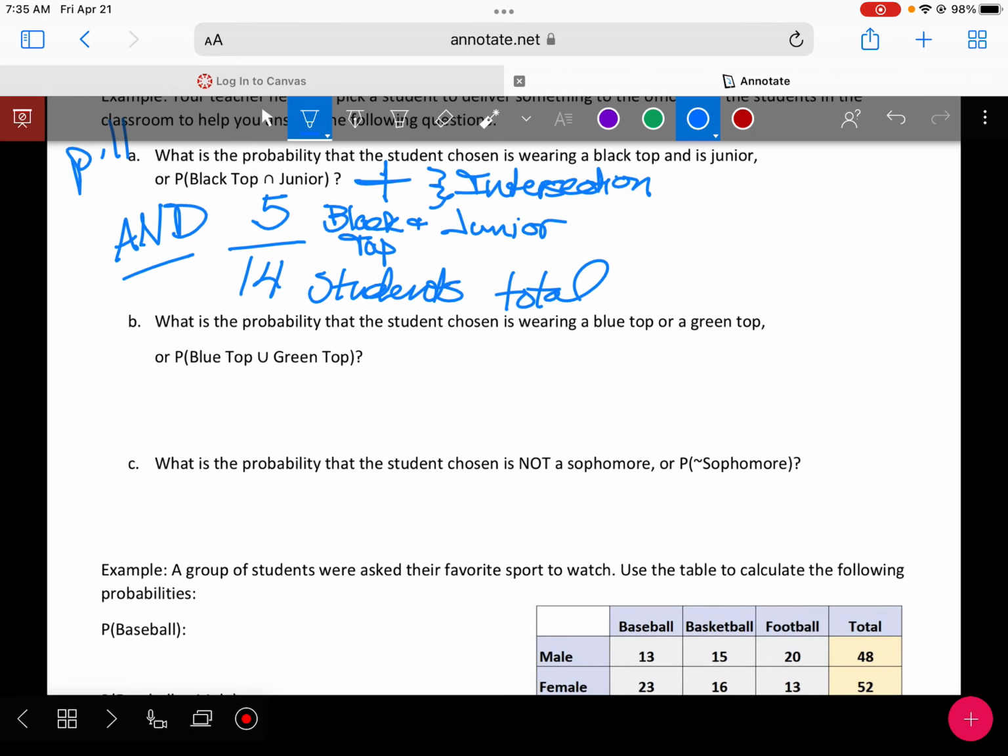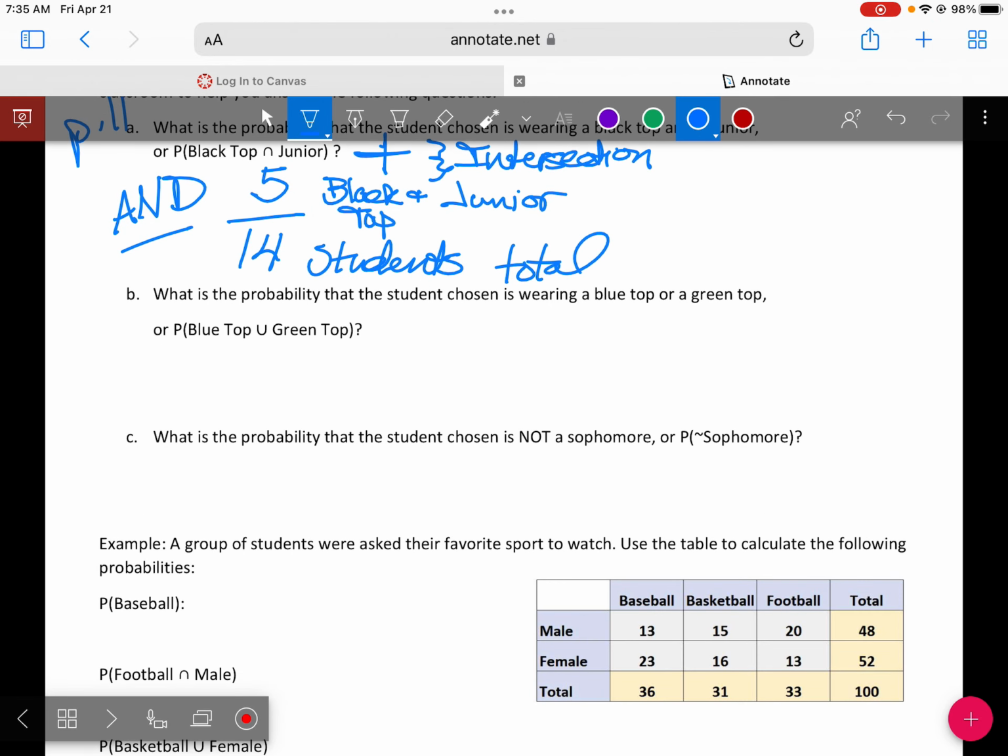Okay. Now, let's take a look at the letter B. What is the probability that the student chosen is wearing a black top, I can read, a blue top or a green top? There's that word or. We are for the union. We want as many people to be a part of the union.